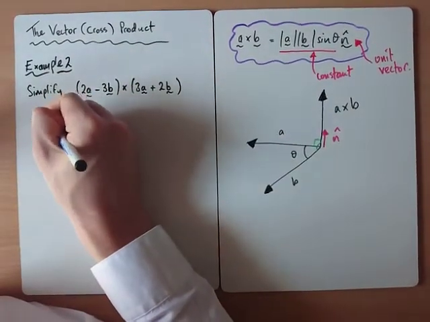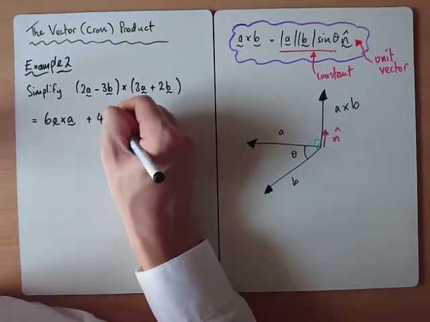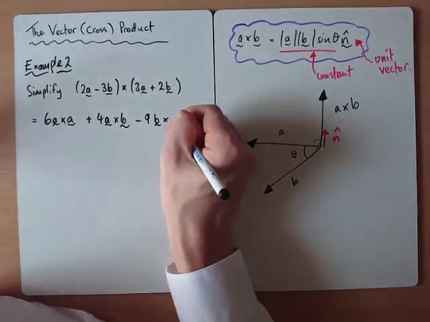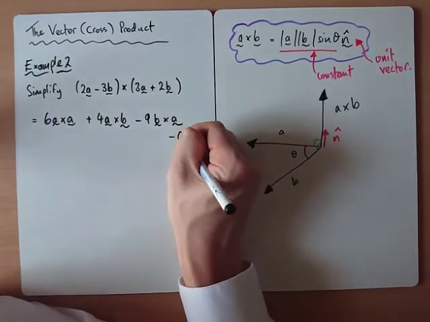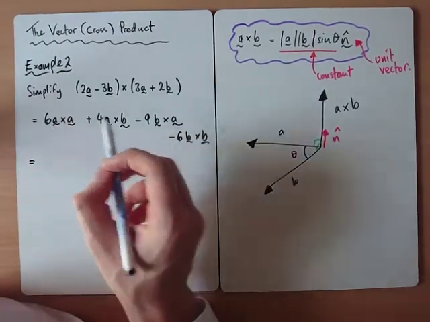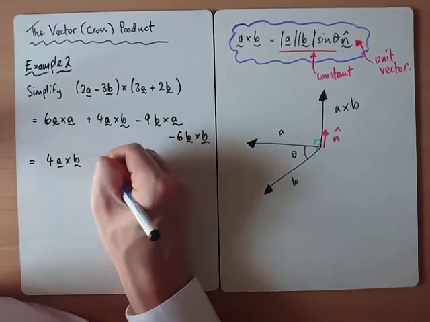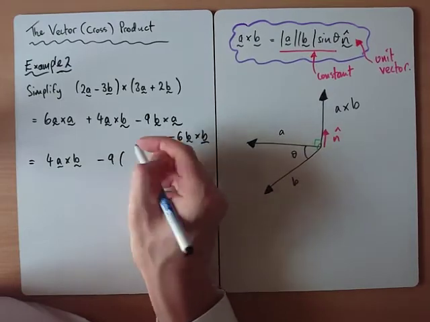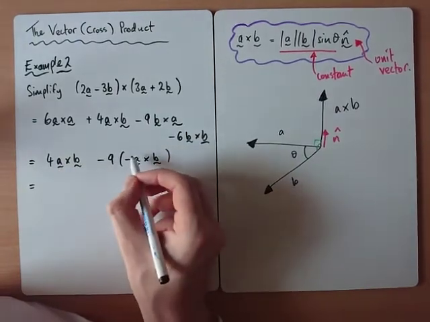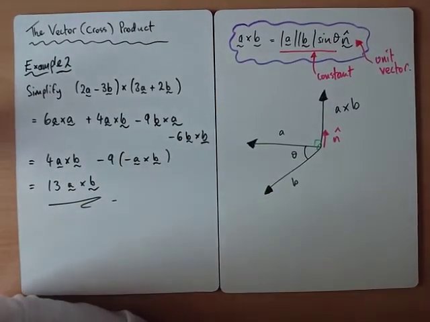So that would give us 6 A cross A plus 4 A cross B minus 9 B cross A minus 6 B cross B. A cross A is 0, B cross B is 0, so we've got 4 A cross B minus 9 B cross A, which is minus A cross B, which will give us 13 A cross B. Okay.